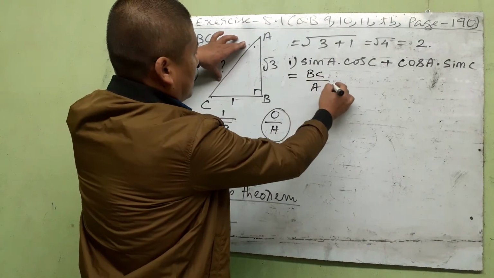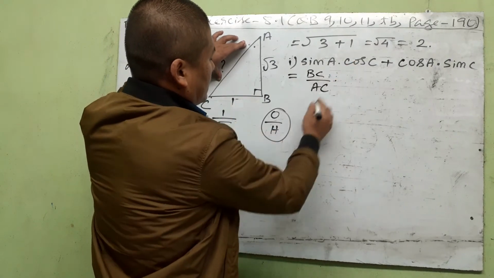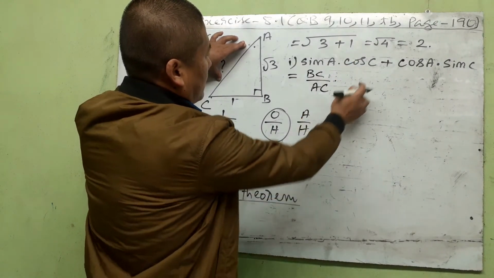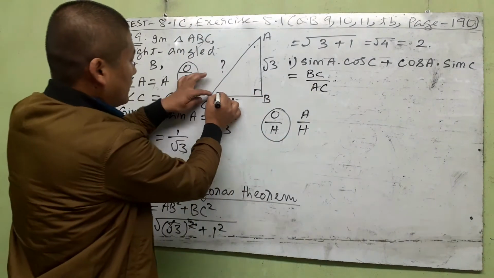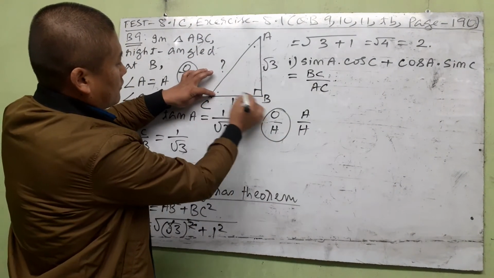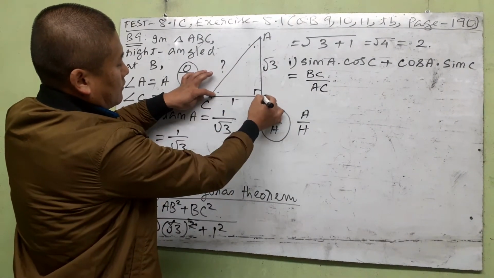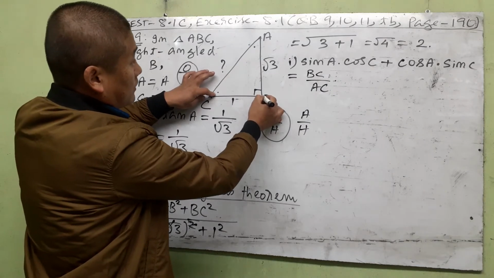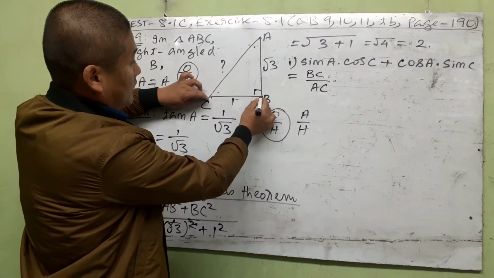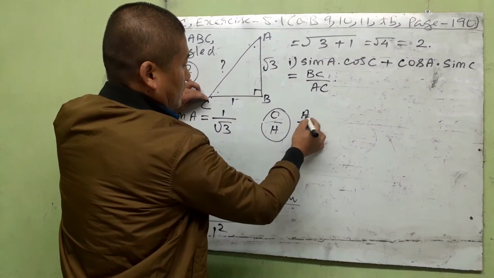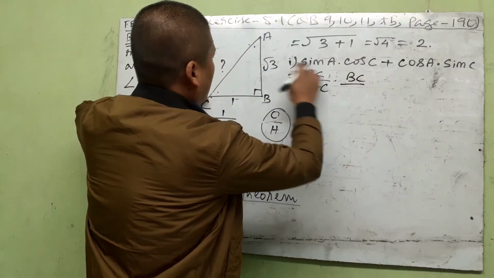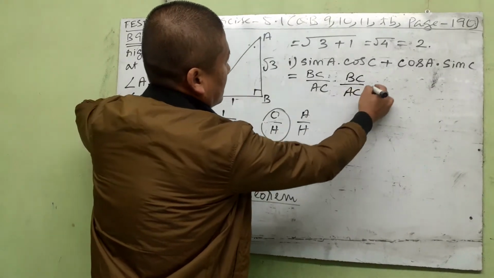Hypotenuse is AC. I'll do directly here. Cos is adjacent by hypotenuse. But the angle is C. So when you take C, these are the two arms of angle C. So this one which is not the arm becomes opposite. And so the adjacent is BC when you take angle C. So adjacent is BC. Hypotenuse is the same, AC.